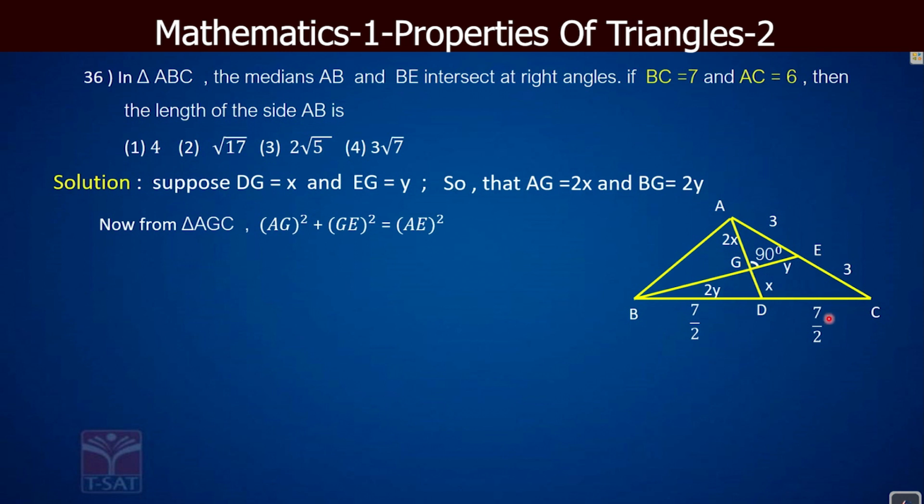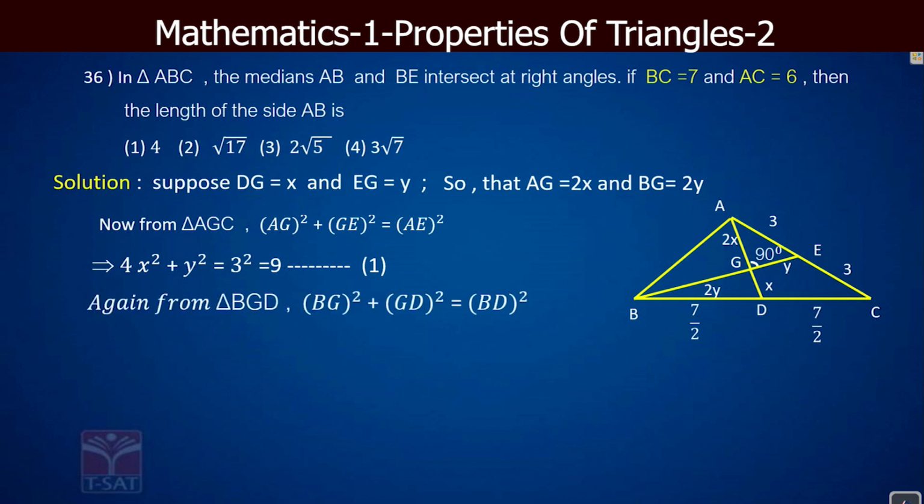In triangle AGE, angle G is 90 degrees. So, you will get AG square plus GE square is equal to AE square. That is, AG square means 4x square, plus GE square means y square, is equal to 3 square, because AC is given to be 6, so AE is equal to 3. So, therefore, 4x square plus y square is equal to 9. That is number 1.